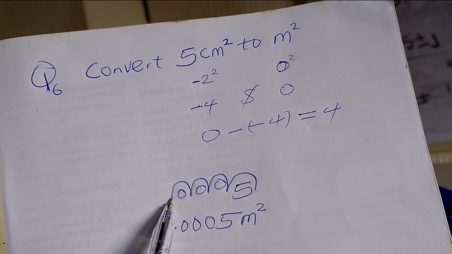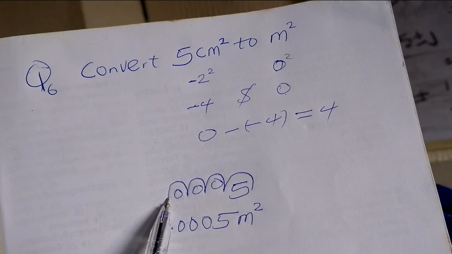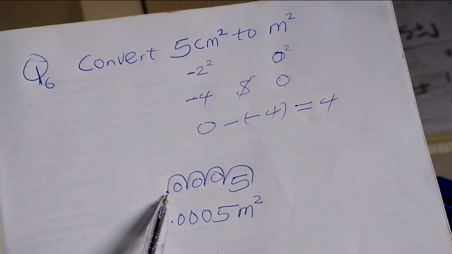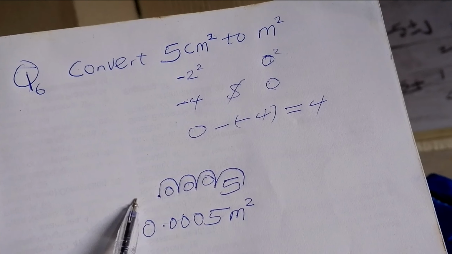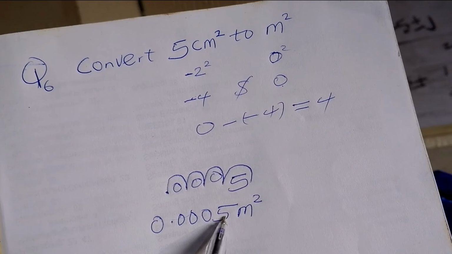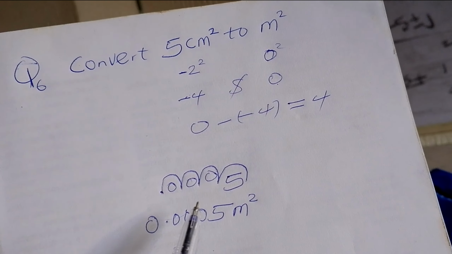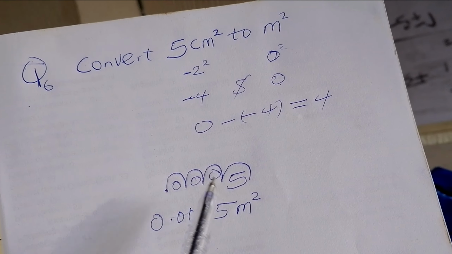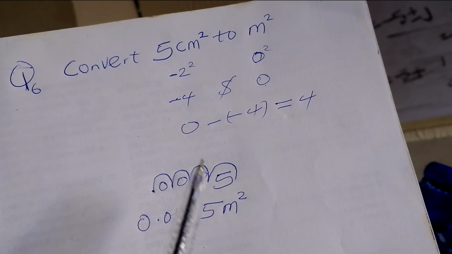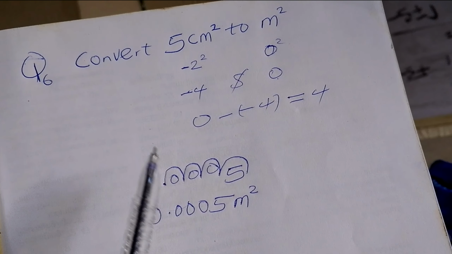You drop your point here. And that is why we are having 0.0005. And you should know before a point there is an invisible 0 here. So we have 0.0005 meter square.